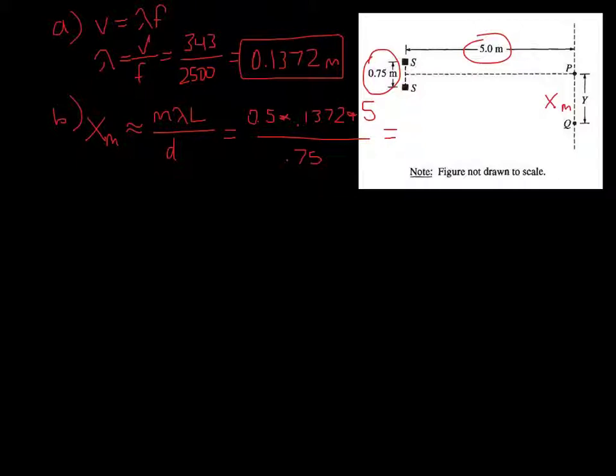When you plug all this in, you get an answer of 0.46 meters. So it tells you that the student could have walked a distance of 0.46 meters to hear the minimum.